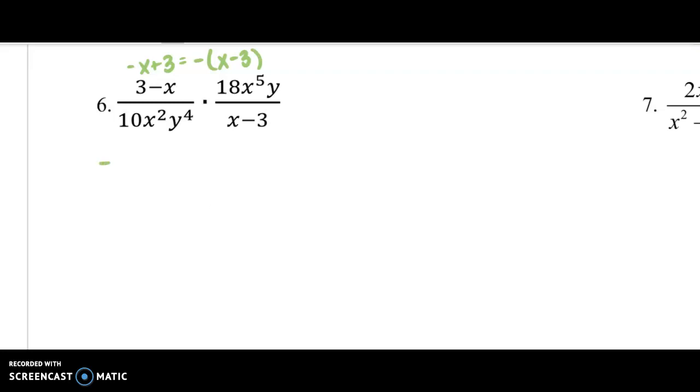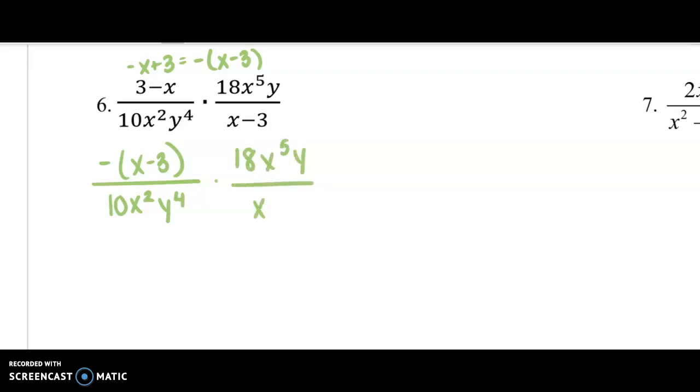Okay, so this is really negative times x minus 3 over, I'm going to have 10x squared y to the 4th times 18x to the 5th y over x minus 3. So the x minus 3's can cancel out. I can take a 2 out of the 18 and a 2 out of the 10. If you want to simplify these variables here, you can.